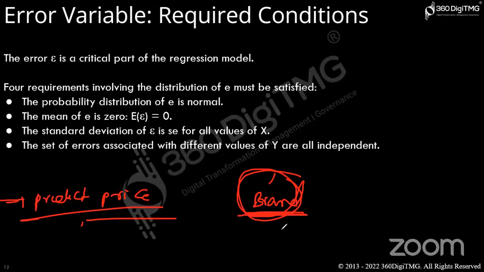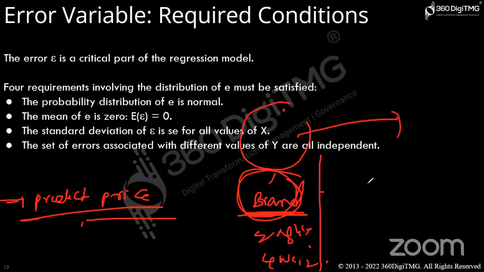Also what kind of engine it has, and the drive, whether it is 4-wheel drive, 2-wheel drive, or full-wheel drive. So these are the different features we'll be having. Using those features, we'll try to predict the price of that particular product.